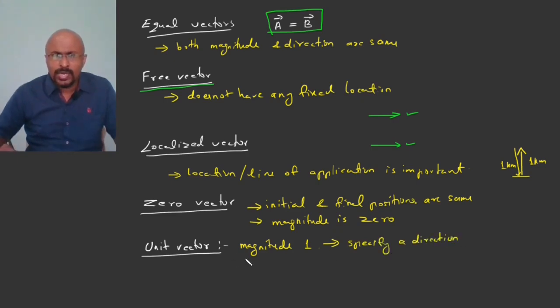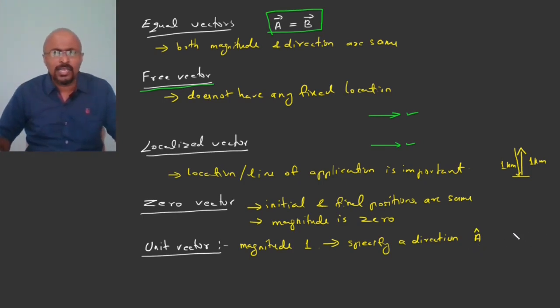And this unit vector is represented with a cap above the vector. That is, if we put a cap above A, then it is A cap. It is the representation of unit vector A. This means that this vector A has a magnitude of 1 in a specific direction.